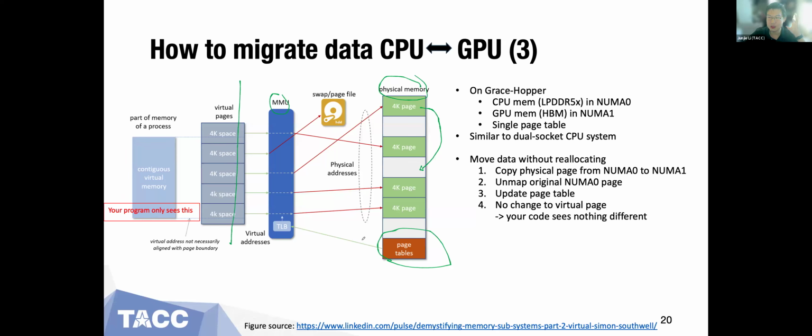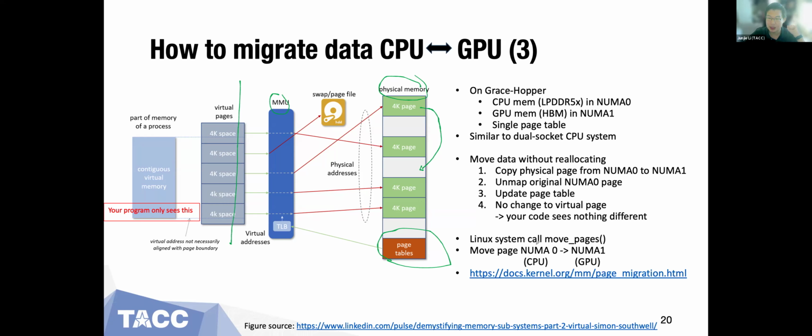And that means your code sees nothing different. All of these things happen underneath, at the low level, managed by the operating system. Nothing affects your code. Your code still uses the same memory pointer, same virtual address, but your physical memory has changed a lot. It has been moved to different places.